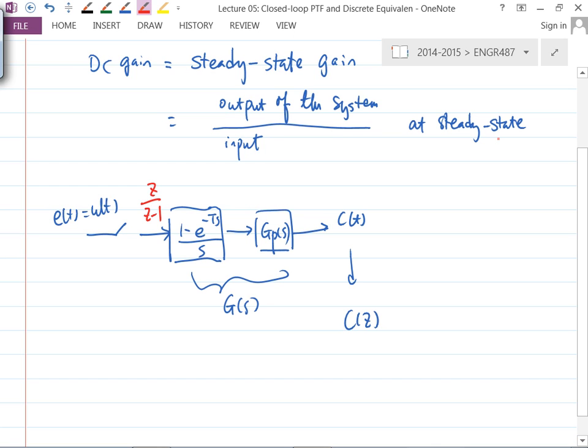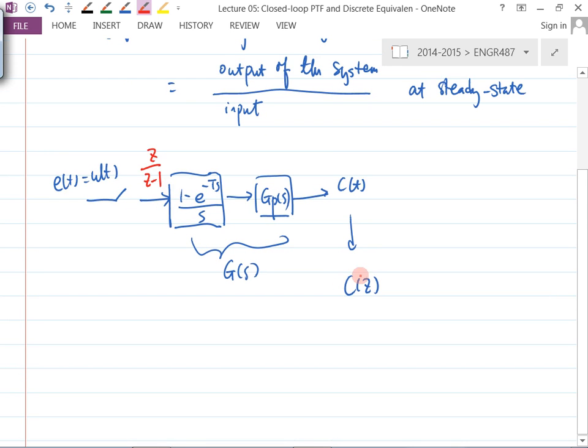If you remember when we learned the Z transform, there are two theorems: one is the initial value theorem, the other is the final value theorem. And the final value theorem tells you what the value of the inverse of that function is at infinity, or at steady state. So basically what we need is the steady state, the final value, for this function.